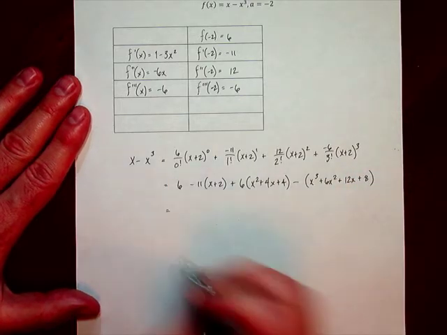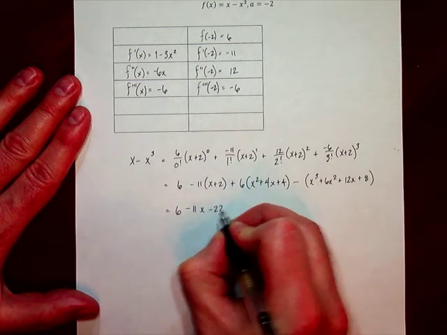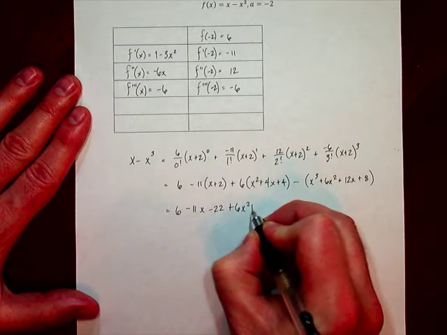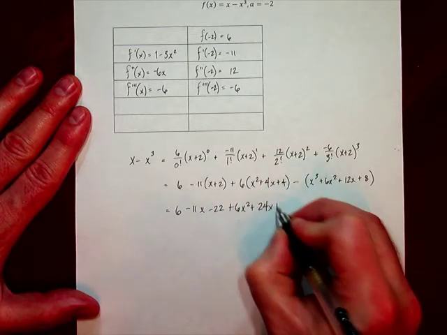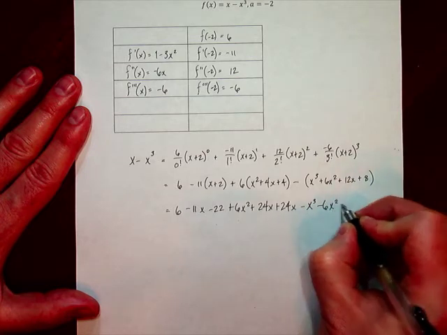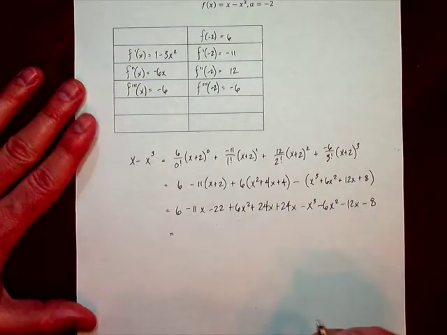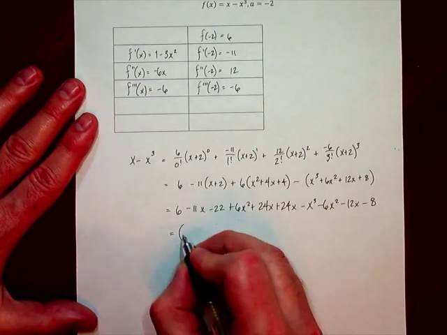Alrighty, let's go ahead and distribute all of these bad boys. And you get 6x squared plus 24x plus 24 minus x cubed minus 6x squared minus 12x minus 8. All right, let's go ahead and gather all of these up. Let's go ahead and get all the constants.